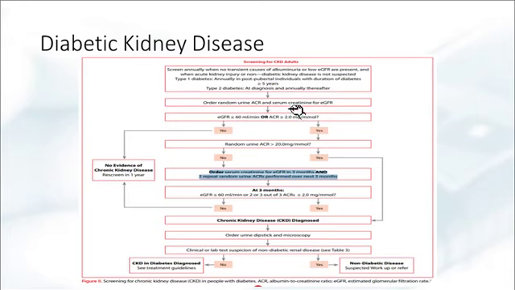So what will you do? You order a random albumin to creatinine ratio and of course a serum creatinine for eGFR.